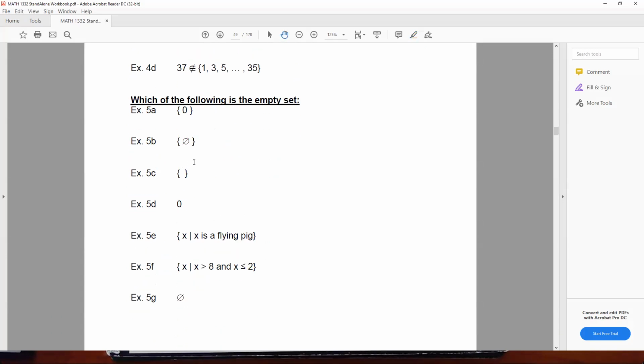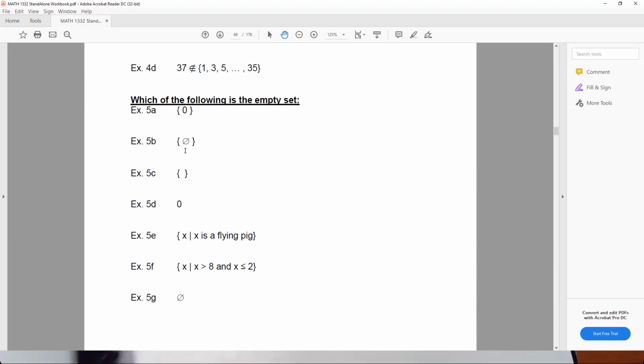So this part, they're trying to make you understand what the empty set means. You see that circle with a line through it? If you see that symbol by itself, you would say yes, that is empty. So let me write this down real quick.